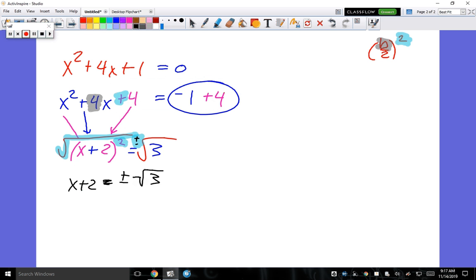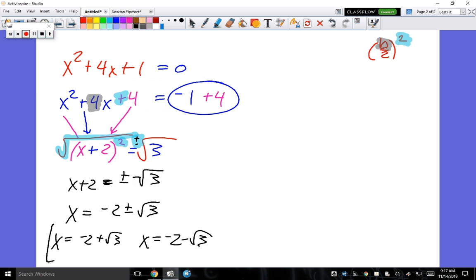So now when I subtract this 2 to both sides, I'll get negative 2 plus or minus root 3, which, yes, we have two answers. We have negative 2 plus root 3, and we also have negative 2 minus root 3. Those are my answers. They're not clean integers. That's why we couldn't factor it cleanly when we were doing the race. Completing the square.